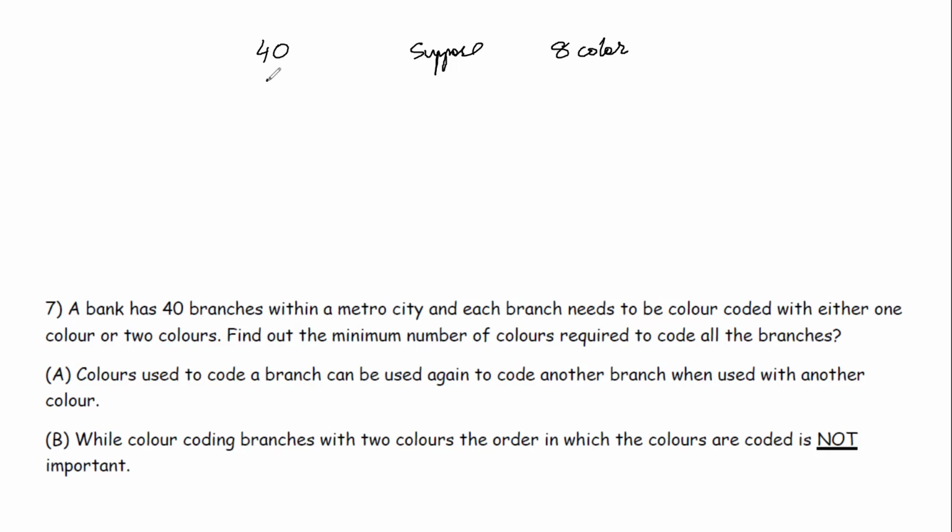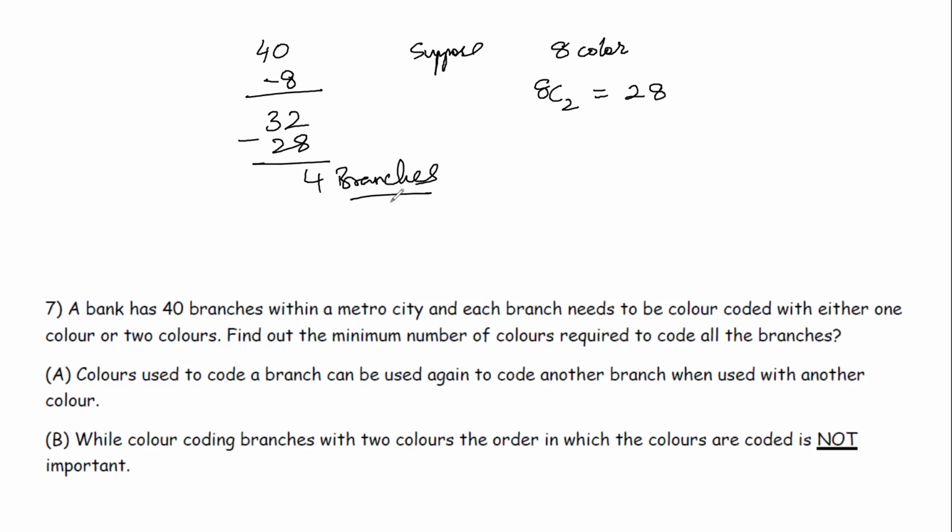So suppose we use one color, then there are 8 branches coded, 32 are remaining. And then with two colors, if we select two colors out of 8, then 8 times 7 are 56, 28 branches can also be covered. So 4 branches remain, right? That's how I'm looking at it.